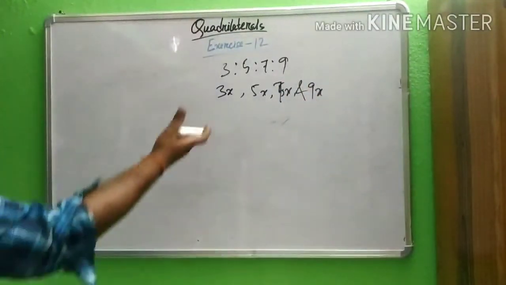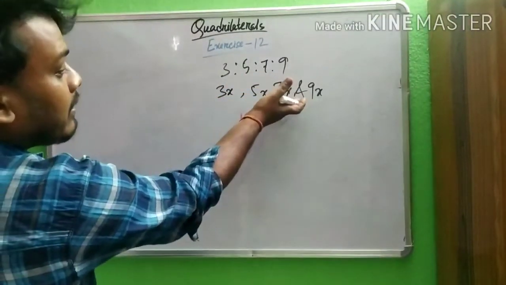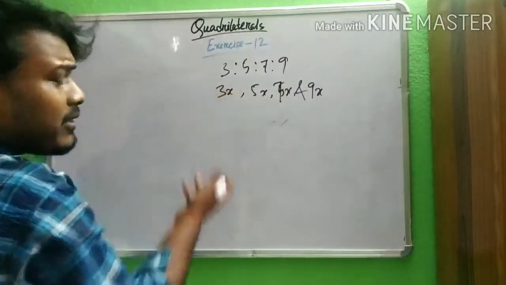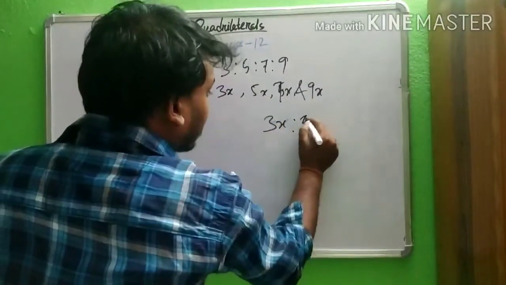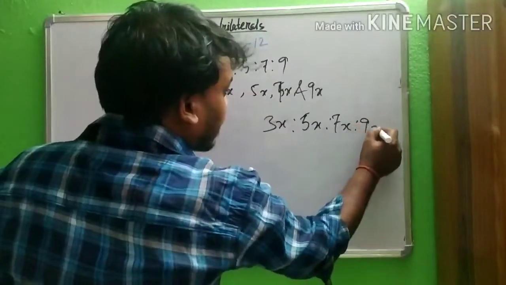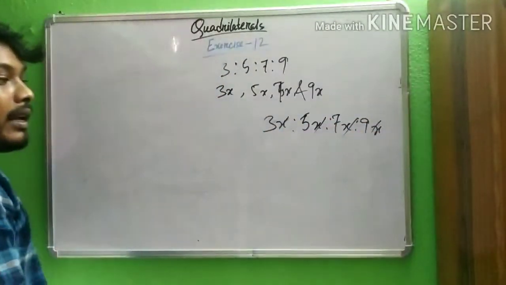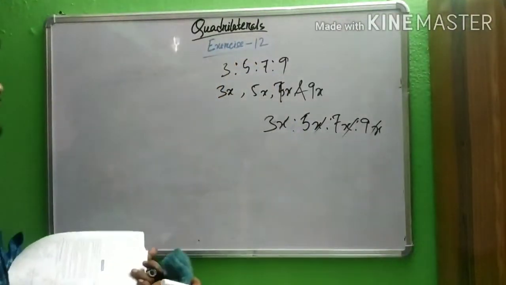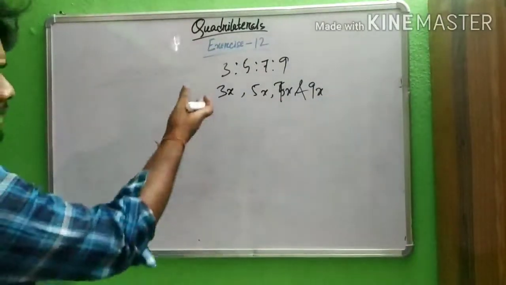So the values of the 4 angles are 3x, 5x, 7x and 9x. Why do we let it in this way? Because if we find the ratio of these angles, then x will cancel and the ratio becomes 3:5:7:9.